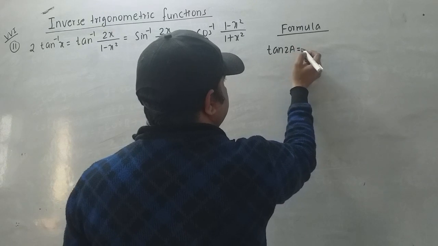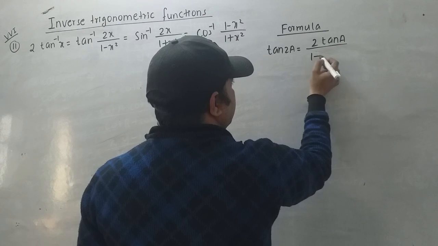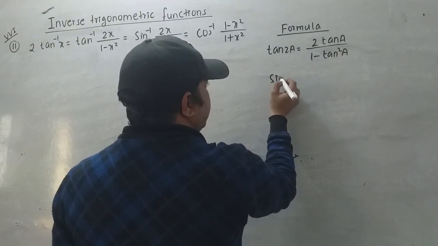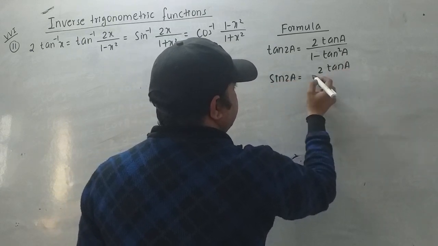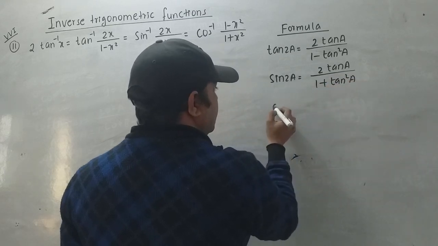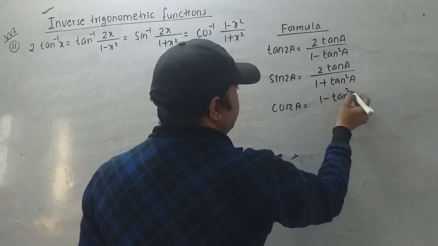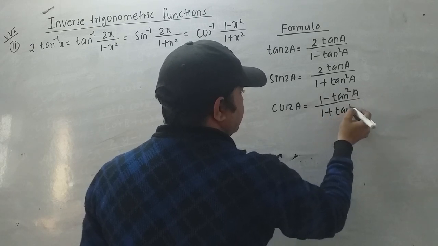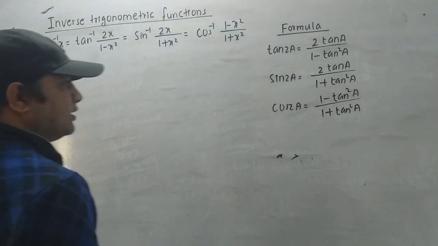Tan 2a in terms of tan a is 2 tan a divided by 1 minus tan square a. Sin 2a in terms of tan a is 2 tan a divided by 1 plus tan square a, and cos 2a is 1 minus tan square a whole divided by 1 plus tan square a. If you know all these three formulae, we can proceed to the question.